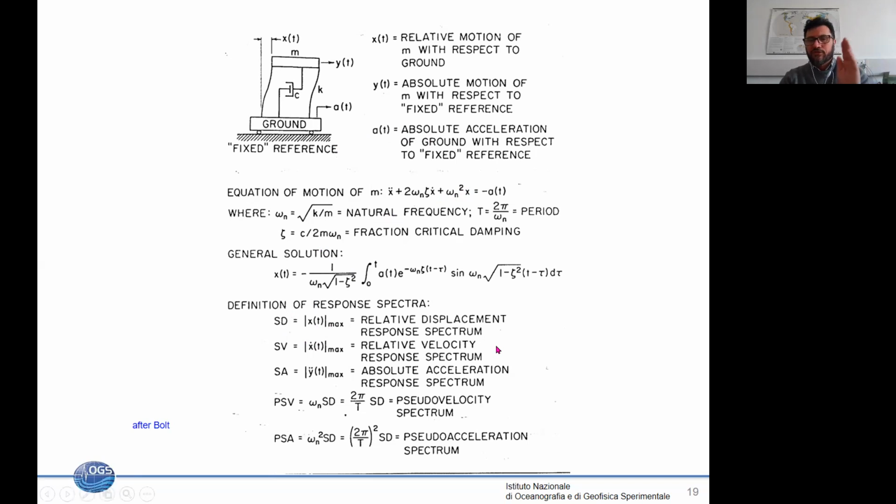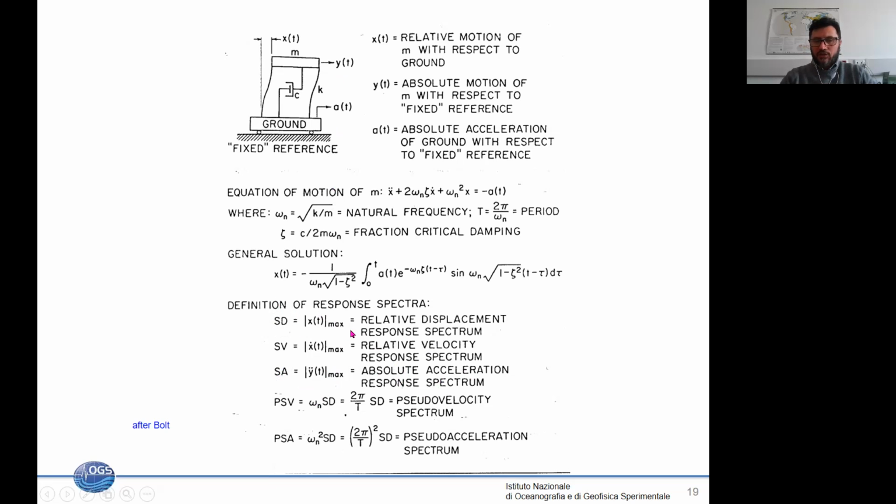And if I do it for many frequencies, I will get the relative displacement response spectrum that is defined as SD. If I look at the velocity in the solution, I will obtain the relative velocity response spectrum. If I look at the acceleration relevant to the absolute motion, I will have the absolute acceleration response spectrum.